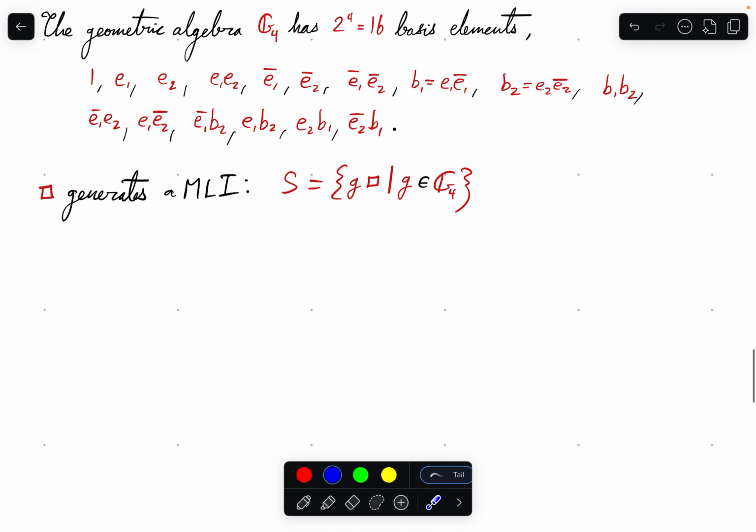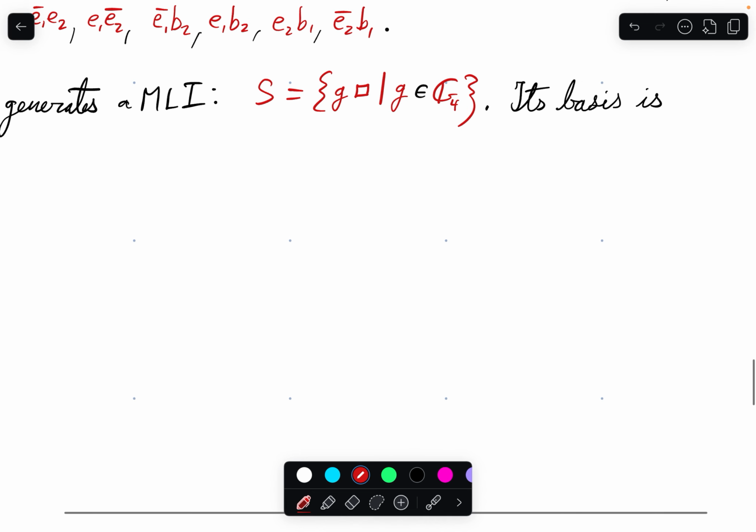Let's see what the basis is for this. Its basis is the following. First, we have box. That's kind of like the identity, but you can prove that it's equal to these.